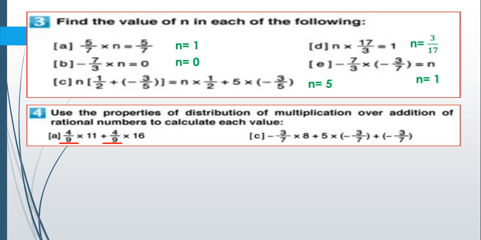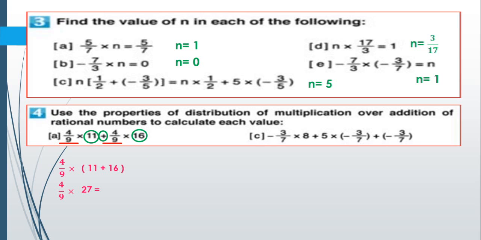We have 4 over 9 as the common number. And then you can find 11 plus 16 between two brackets. 11 plus 16 equals 27.